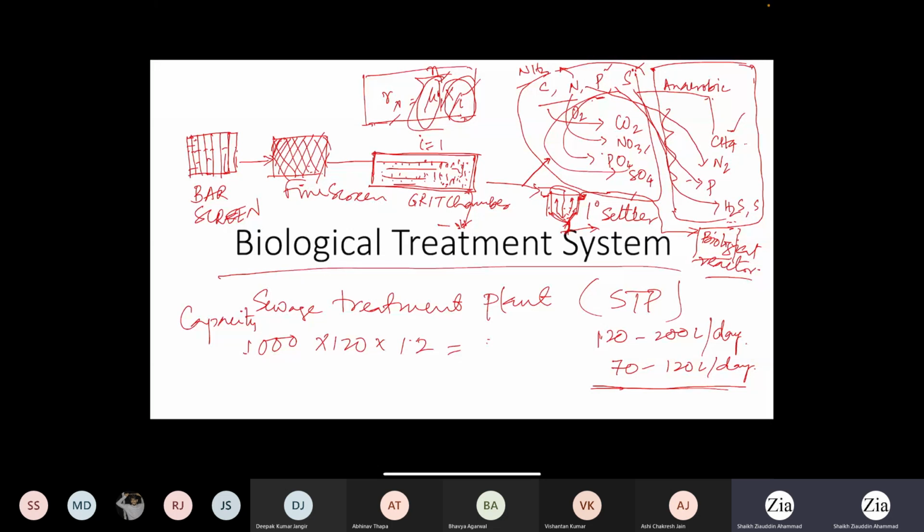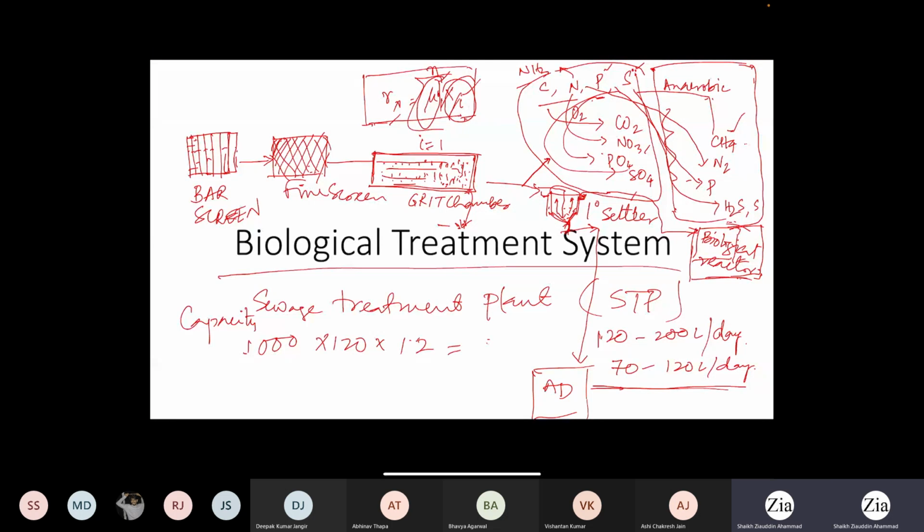So from the primary settler, you are getting two different streams. One is clear effluent, another is sludge. The sludge can be transferred to an anaerobic digester, AD, and the effluent will be treated in a biological reactor system.